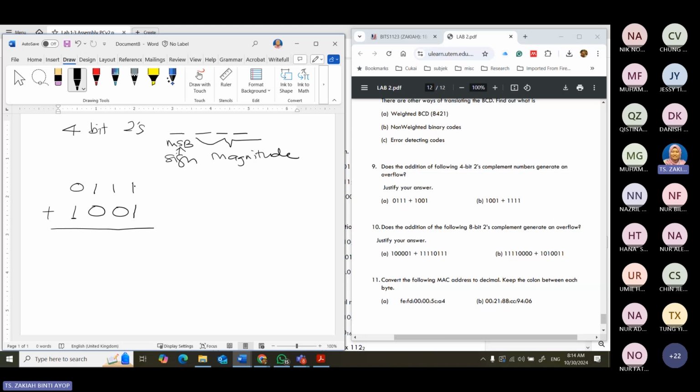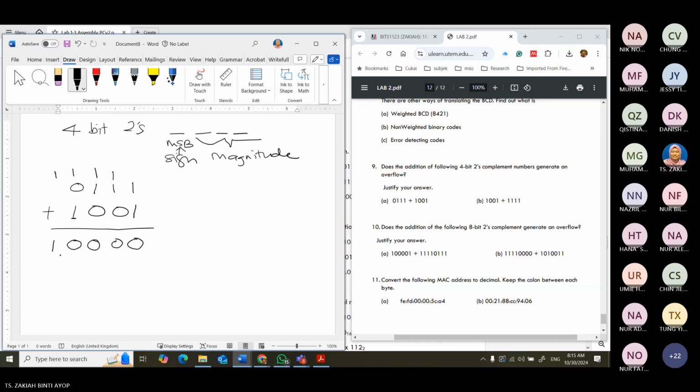So 1 plus 1 is 2. 1 plus 1 is 2, and 1 plus 1 is 2 also. Something is wrong, did I make a mistake? Okay, it is correct. 1 plus 1 is 2 also. So when we carry forward, 1 is 1 here.